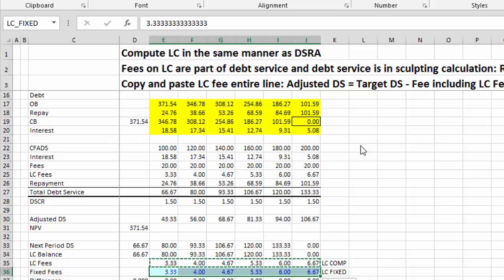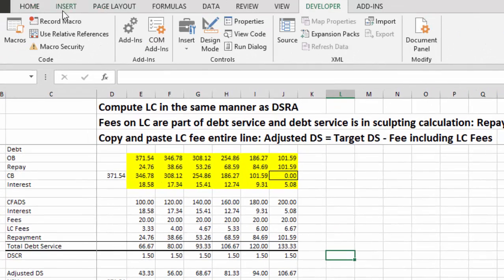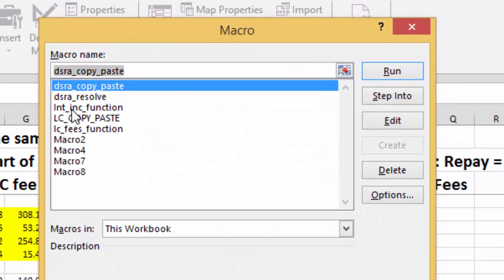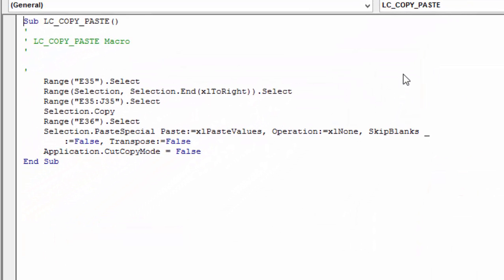Okay, I did it right. It seemed to take a minute. Escape to get rid of that. And then we go back to our developer tab and our macros and look for the one we just computed, which was LC copy paste.